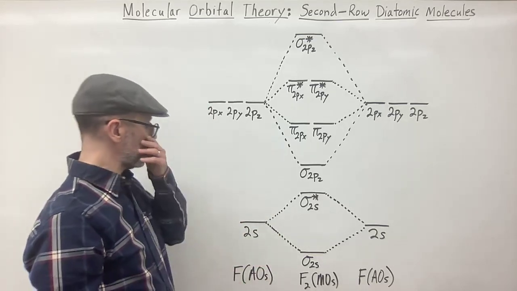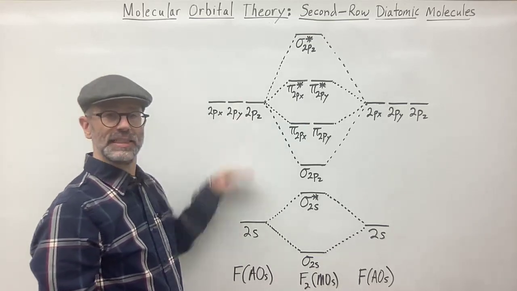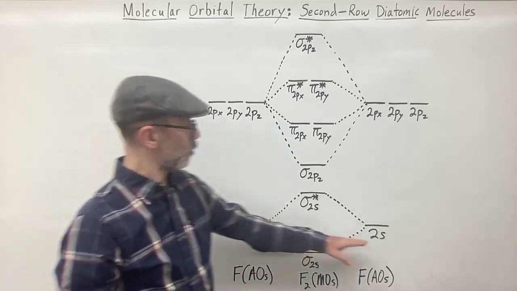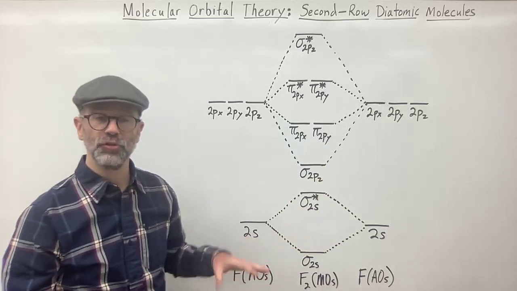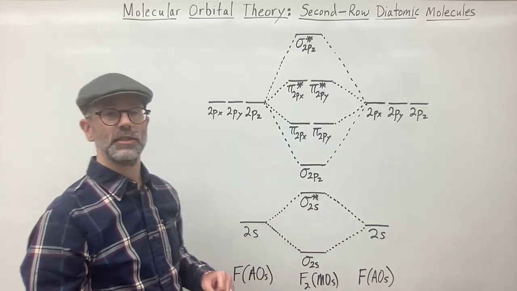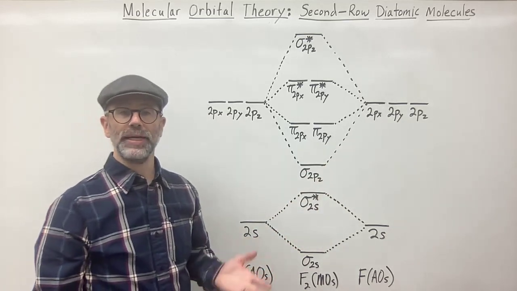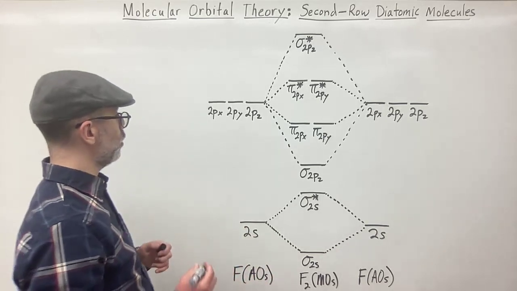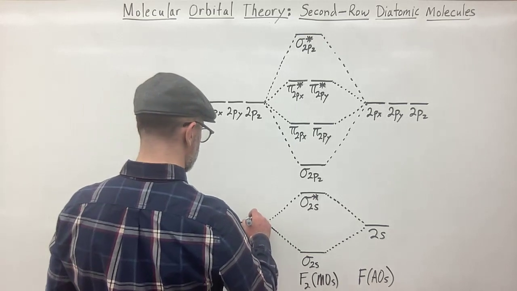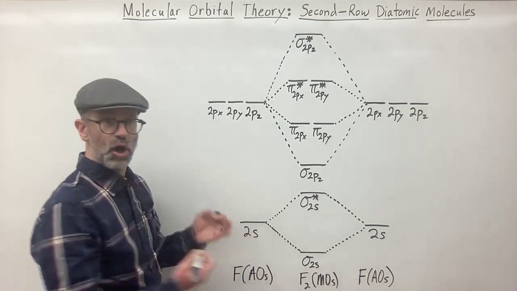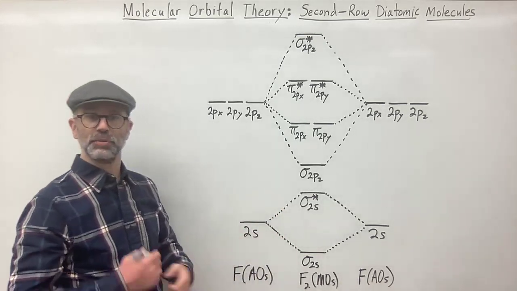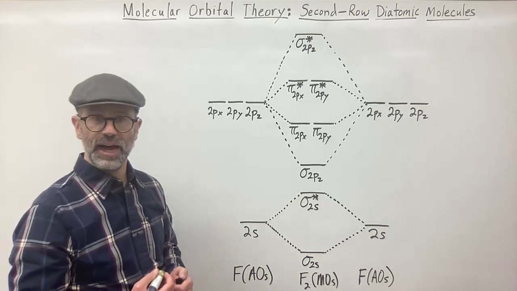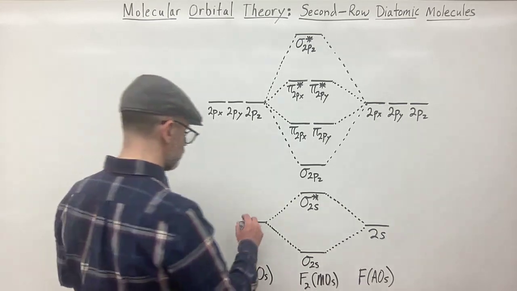And so now we can fill the electrons into the atomic orbitals, and these are valence orbitals, so we're only considering the valence electrons. As you know, fluorine is in group 7, so it has 7 valence electrons. So let's fill that in. We're going to use the Aufbau principle, Hund's rule, and the Pauli exclusion principle.